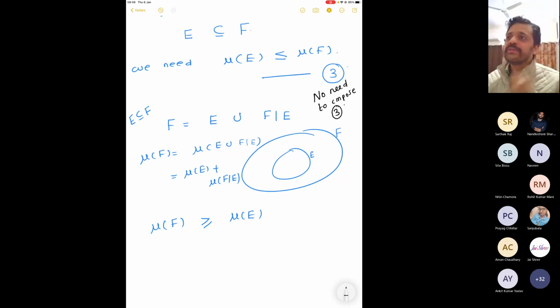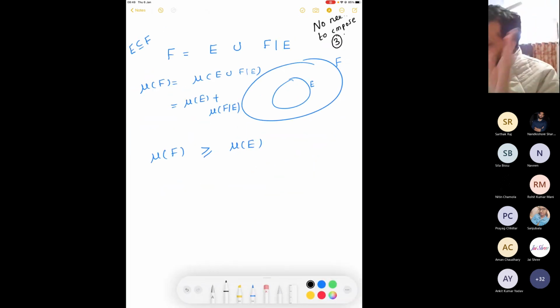And you wanted to talk about the measure of all these things. Therefore, B should be rich enough to include what? Complements. B should be rich enough to include complements.